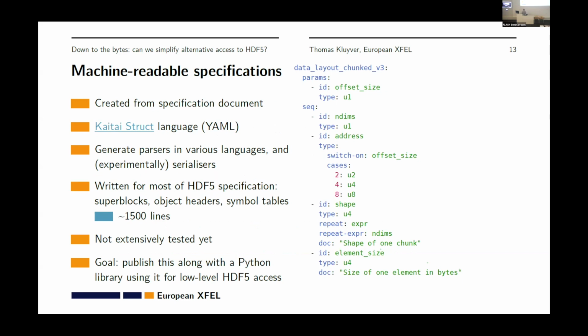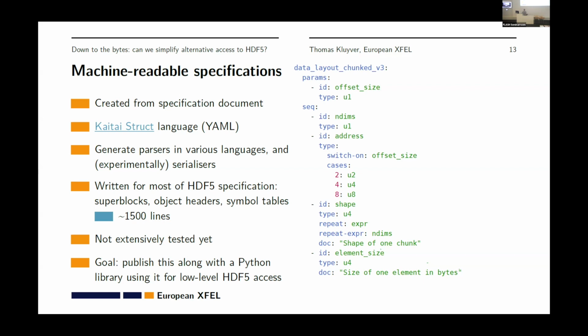There's this language called Kaitai Struct. There are probably other languages as well. This was just the one that I came across. So this is what it looks like for version 3 of the chunked data layout description.